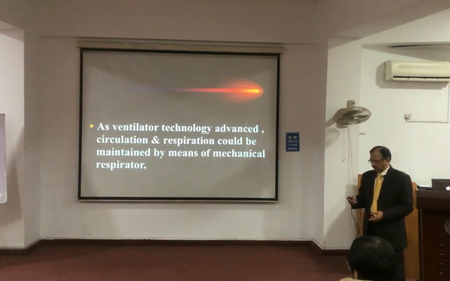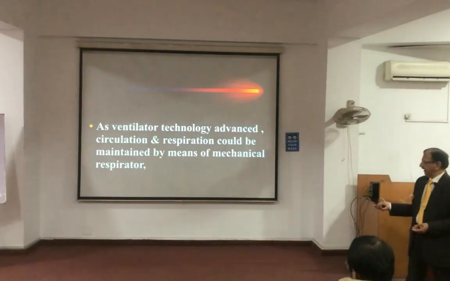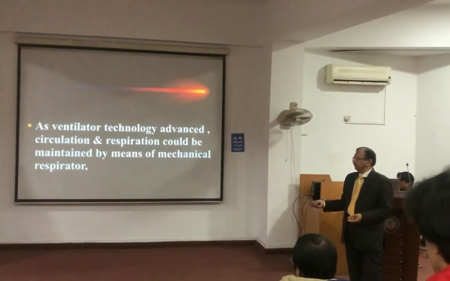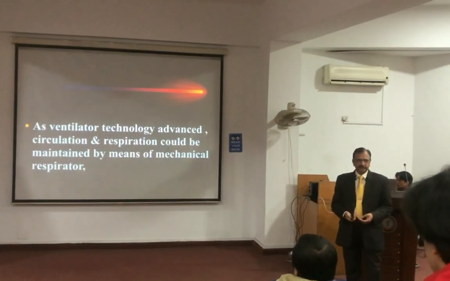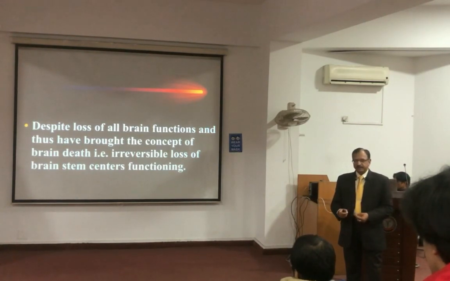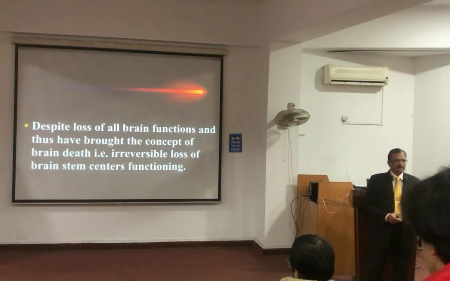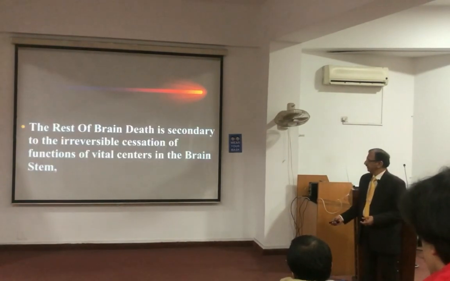Then the artificial mechanism, the ventilator, came out and they continued the respiration with the help of the machine. And despite all the brain functions, when there is irreversible loss of the brain stem centers, you can die.